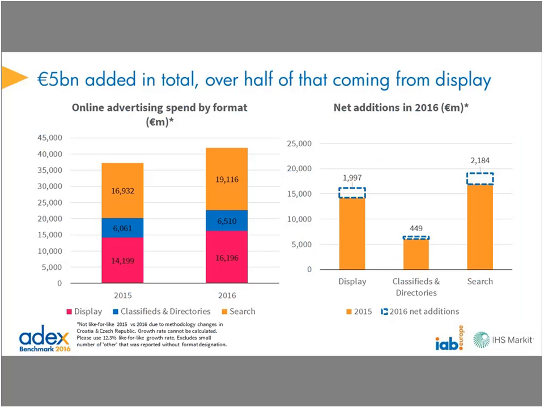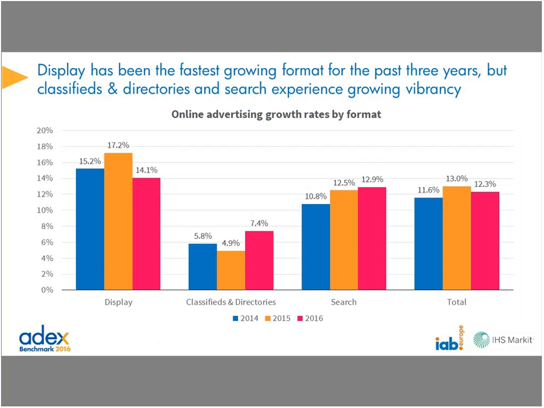So in 2016, we saw an addition of 5 billion in ad spend in online advertising, with half of that coming from display, but search was still the biggest format, totaling 19 billion in 2016. And in terms of the individual formats, all formats continued to grow in 2016. Display grew 4.1%, classified and directory grew 7.4%, and search grew 12.9% in 2016.